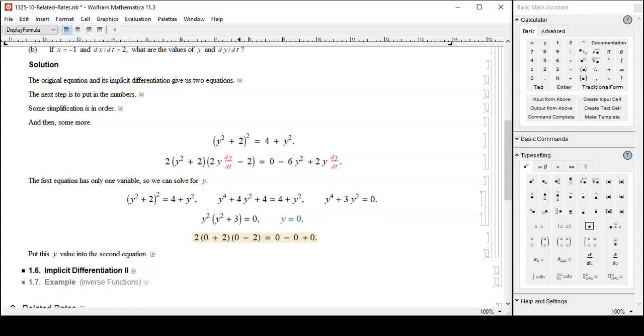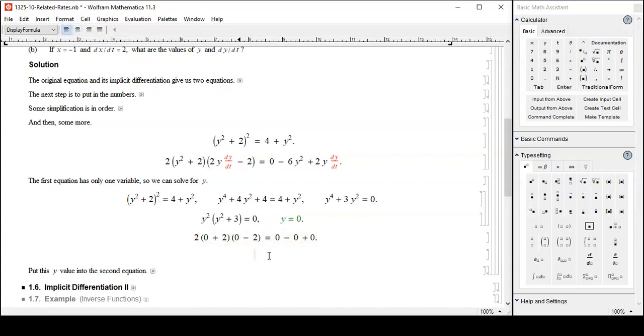Make sense? So what do we have here? 2 times -2, so we get -8 equals 0. That's the conclusion we get.